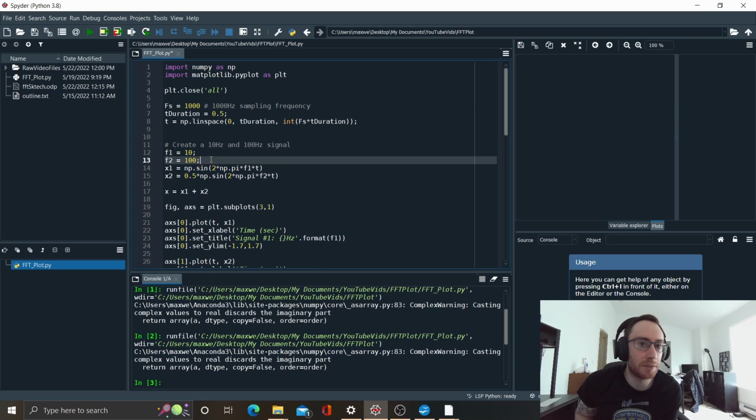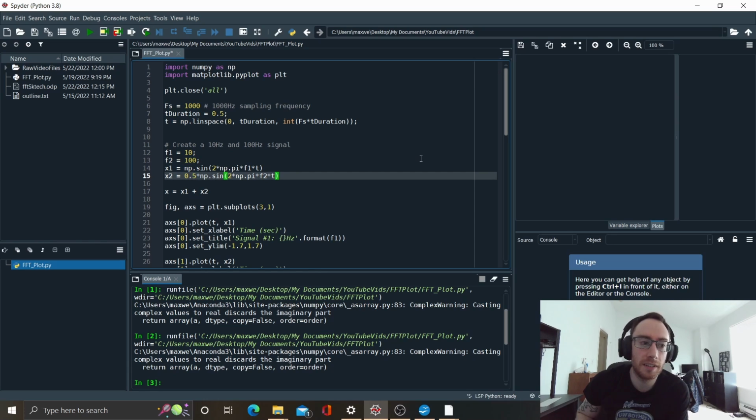And that's because of the Nyquist criteria. The Nyquist criteria says that for whatever the highest frequency in your signal is, you need to sample at least double that frequency. So for example, here our highest frequency in our signal is 100 hertz, which means we need to sample at least 200 hertz.